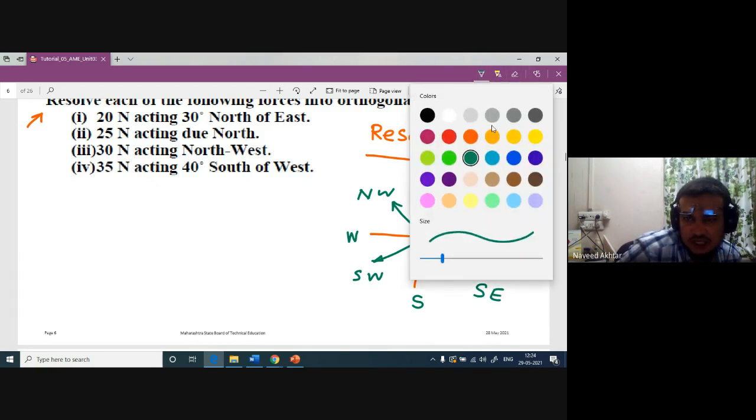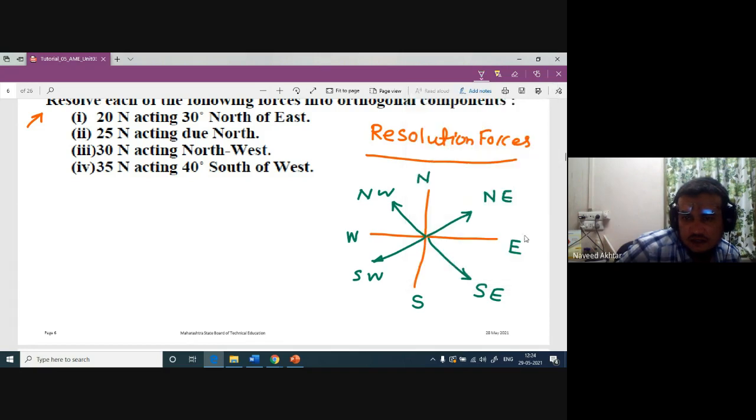So these are the different directions, based on the direction if you say. And this one is the first quadrant. If you say the quadrant, this one is the second quadrant. This one is the third quadrant. We divide into four quadrants. So this one is the fourth quadrant. Okay.